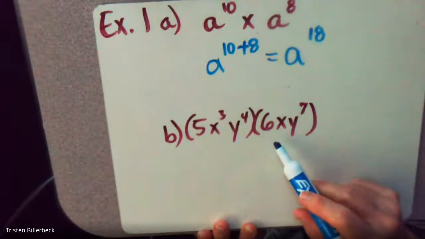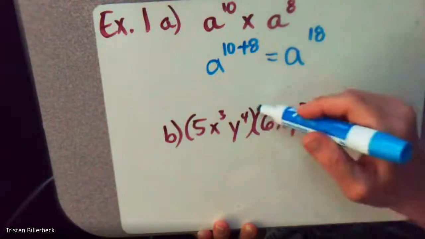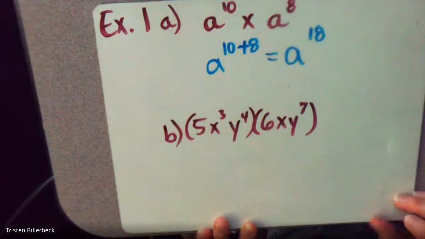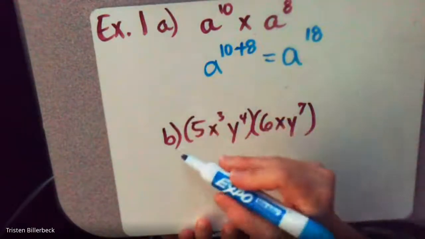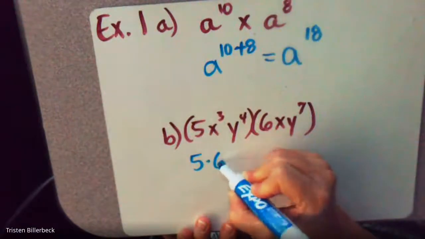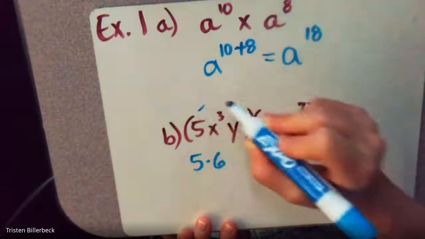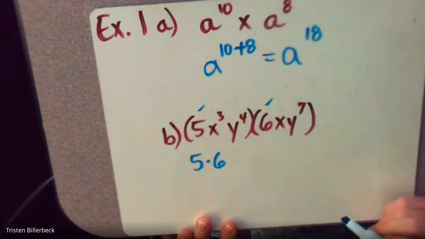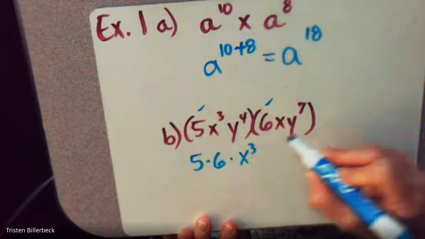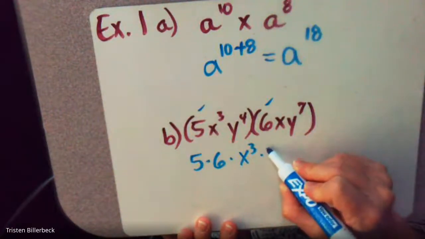Now, ooh, look at this. That's not easy. Well, there's no exponents out here, so that's good. Well, what I would suggest is let's put the like things together. So we have 5 times 6. And once we've done that, let's just do a little mark like that so we know we did it. Times x to the third times x.